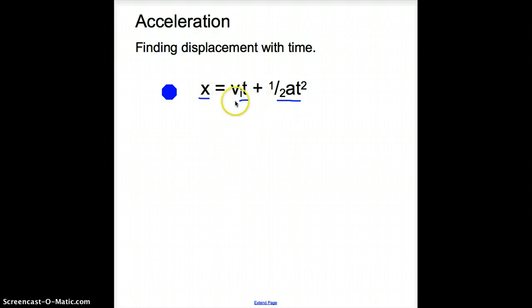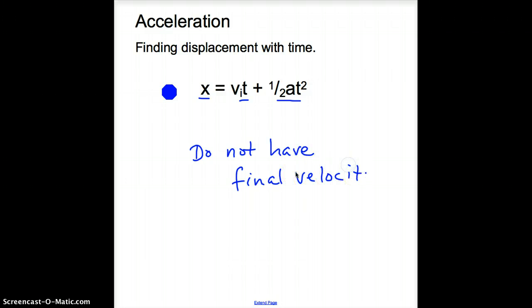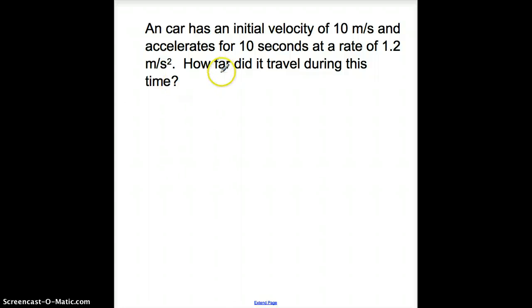This one includes time, but what do I not have in this formula? Well, in this formula, I do not have final velocity. That will not be included in this formula. So see, what we have is we have different formulas that give us ways of finding things with what's given to us. That's why it's important we put the givens.